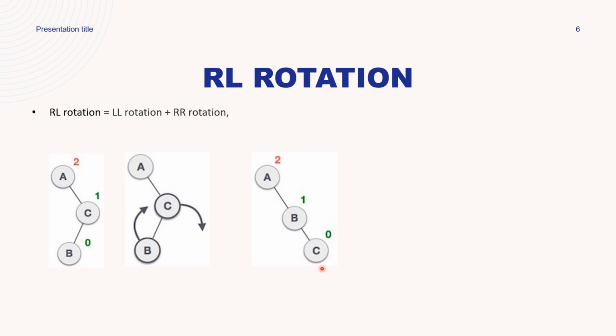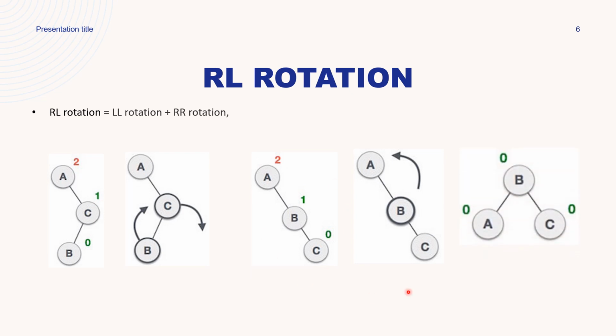So the same steps we are going to follow here. We just do the anti-clockwise rotation on this particular tree. So at the end, our balanced tree looks like this.